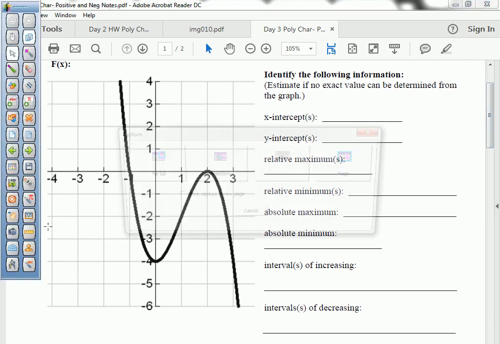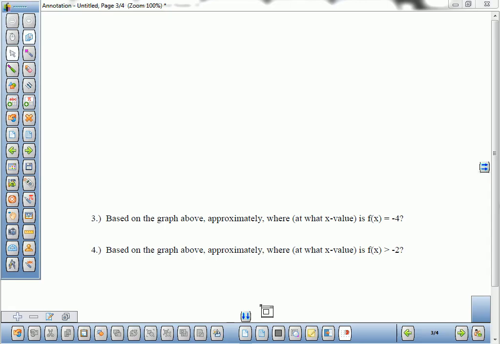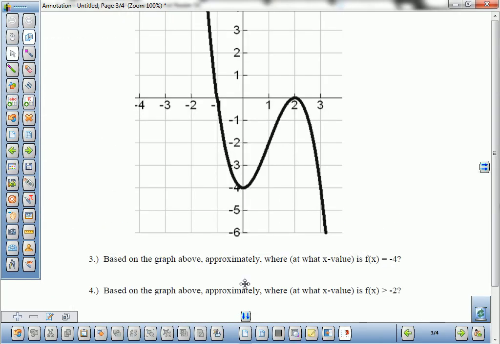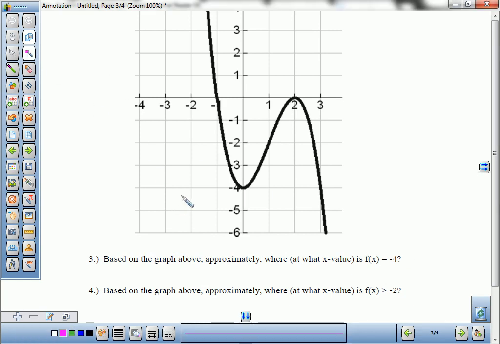So I'm going to take this graph and copy it over on a new page so we can look at just these two specifically. Where is it equal to negative 4? So where? Right there. The function or the y is negative 4, and where does that happen? It happens when x is, what is the x value there? 0.